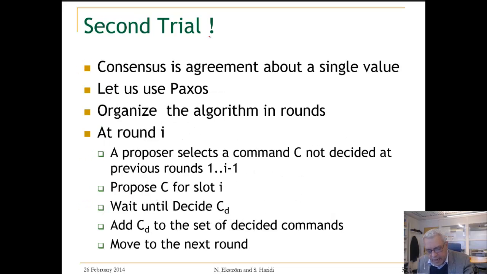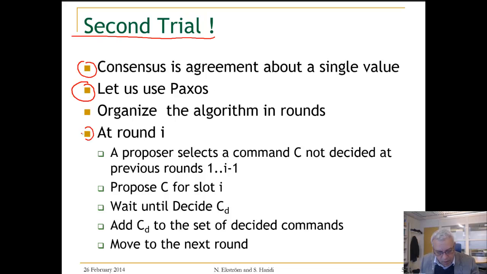So here is our second trial, which is basically to use a single value consensus algorithm for agreeing on a single command at a time. So consensus is agreement on a single value. Let us try to use Paxos, and we organize the algorithm in rounds.